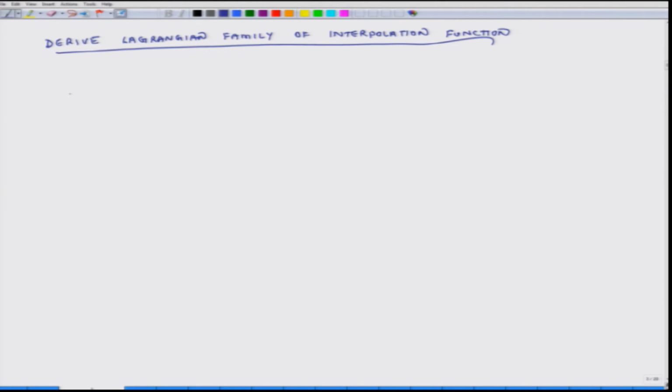So, consider an element, it has xa as first node, second node is xb. This is in the regular coordinate system, and let us say that it has several nodes. Let us say it has node 1, node 2, node 3, node 4. So, it has 4 nodes. How many approximation functions will it have?